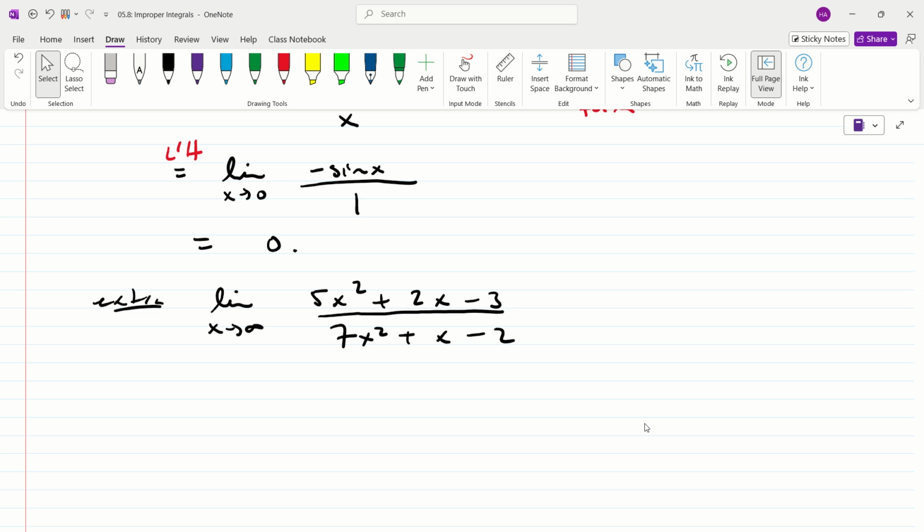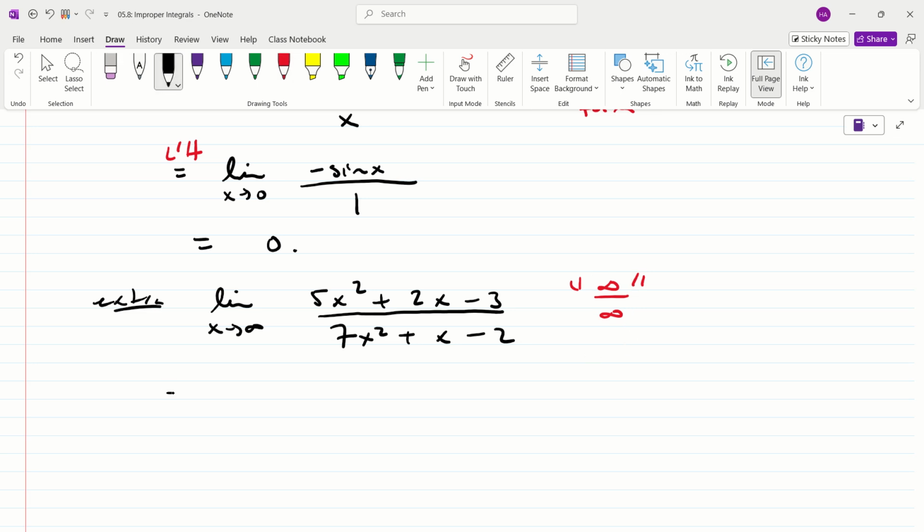For the top, if I plug in large positive numbers, that's going to go off to infinity. For the bottom, that's also going to go to infinity. So I have an infinity over infinity indeterminate form. The top going to infinity wants to take this whole fraction to infinity. The bottom going to infinity wants to take this whole fraction to 0.